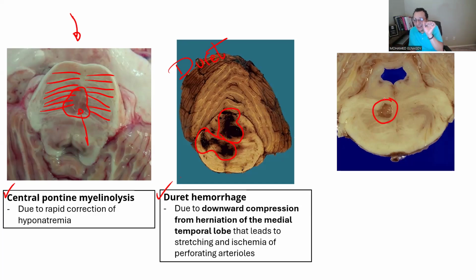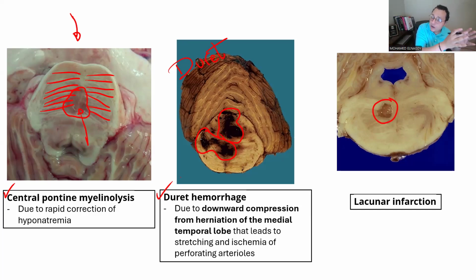That's also a lacunar infarct. I'm just letting you know that lacunar infarcts might also happen in the brainstem, including the pons. The same thing, lacunar infarcts are due to hypertension and the affection of the small vessels by the high blood pressure. Okay? All right.